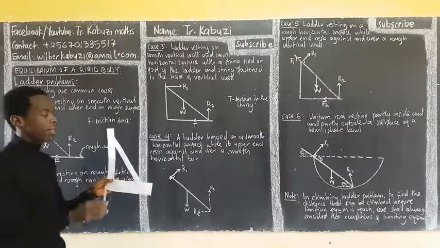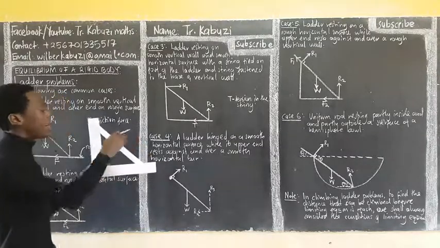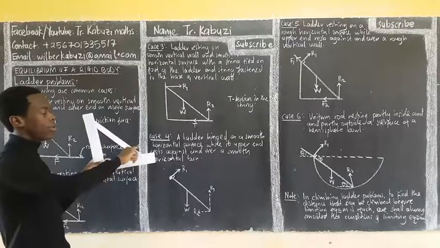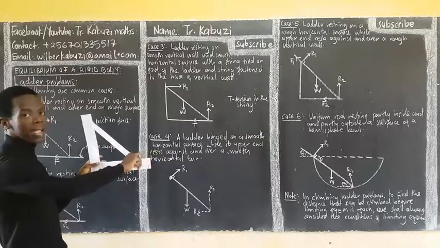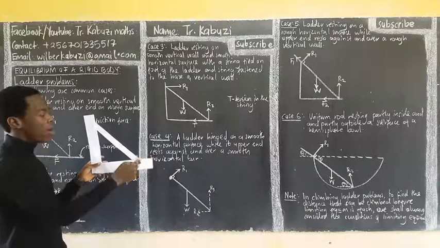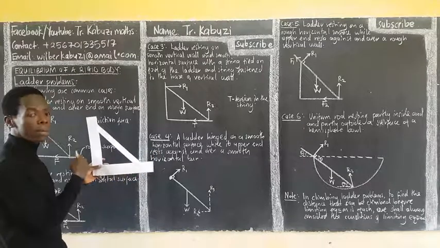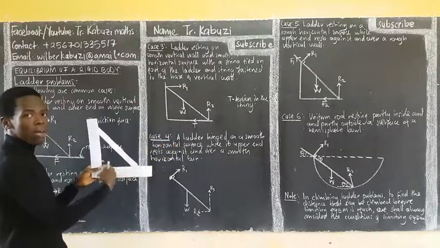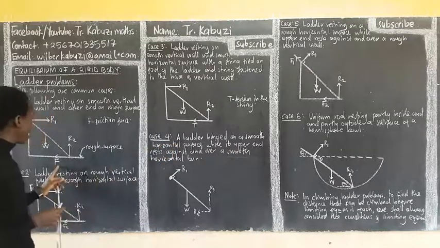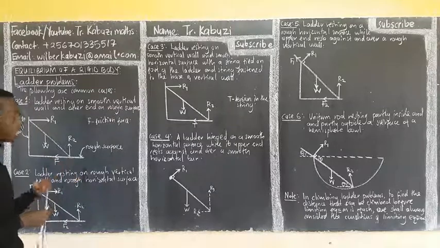If the ladder is to slide, it is going to slide the other side. Always the friction is opposite to motion. So if it slides the other side, friction is going to be opposite, that's why we have friction going this side.